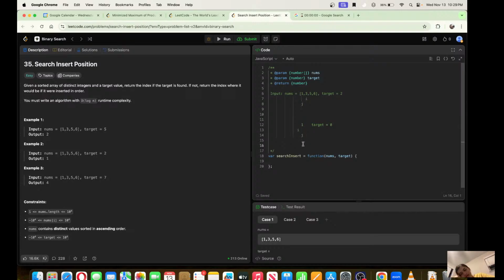If it is on the left side, then, oh no, actually if it is on the left side, then j moves in our normal condition.